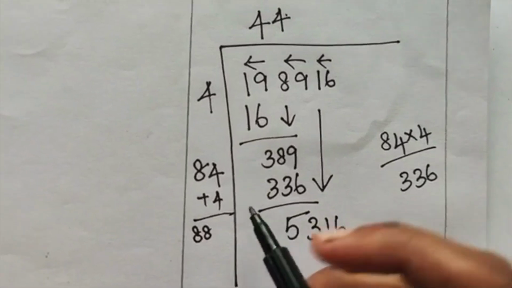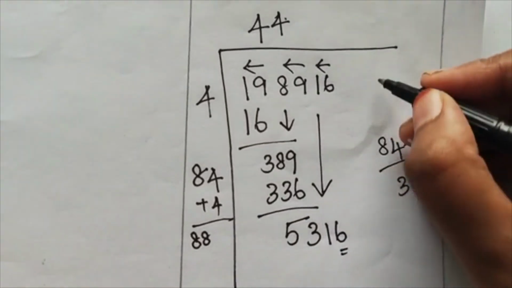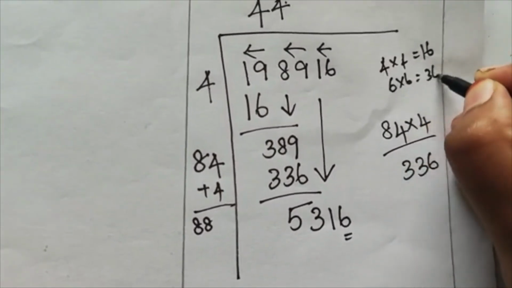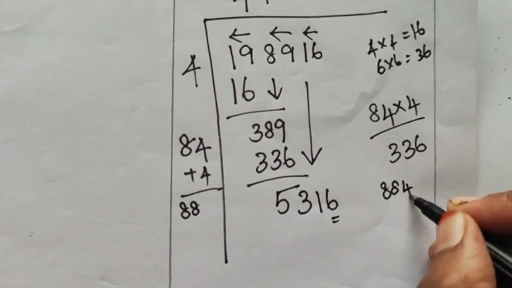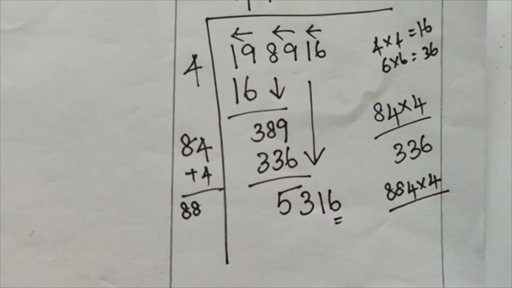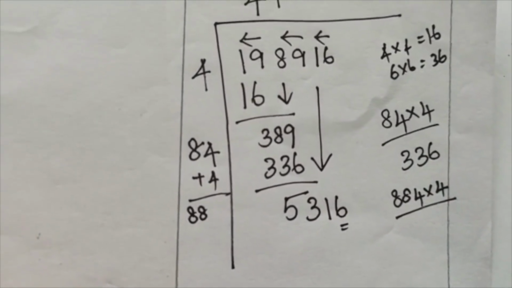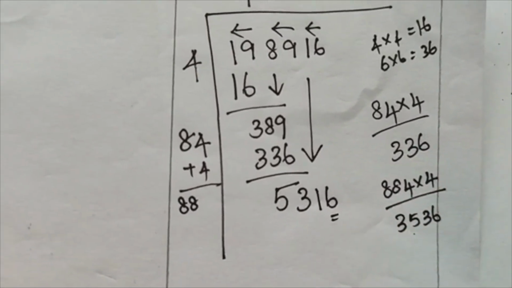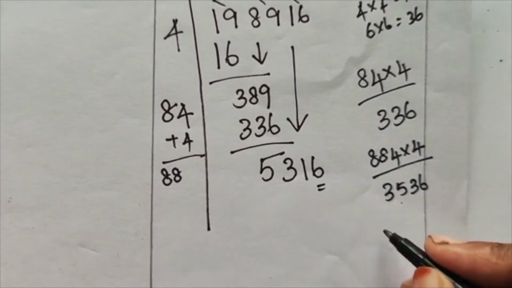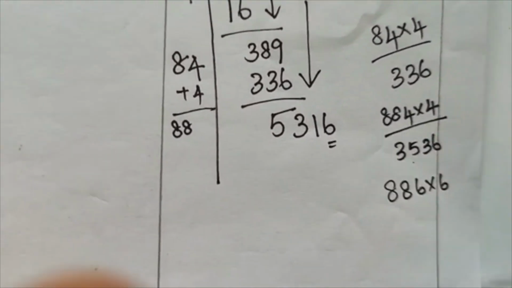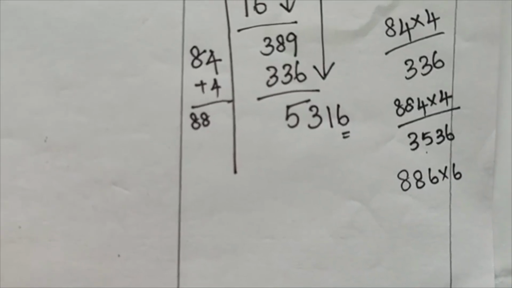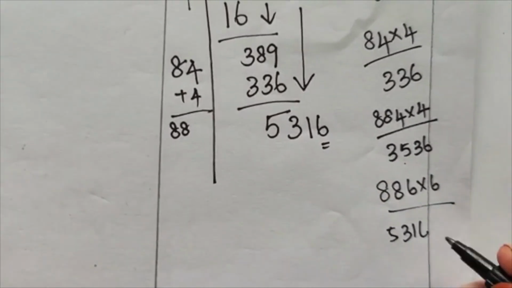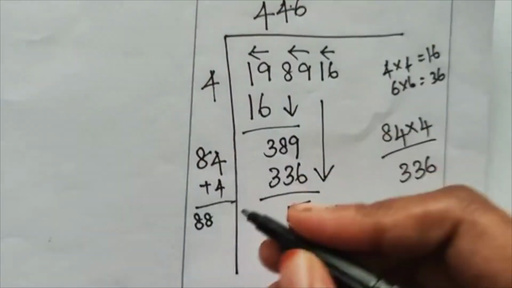So let me go with, since the digit is 6 here, the only possibilities are 4 fours are 16 and 6 6s are 36. If we go with 4, it means 884 into 4, multiplying we get 3536, which is very much smaller than this one. So let's go with 6. So we get 886 into 6. Multiplying 886 into 6, we get 5316. So here 6, here also 6.